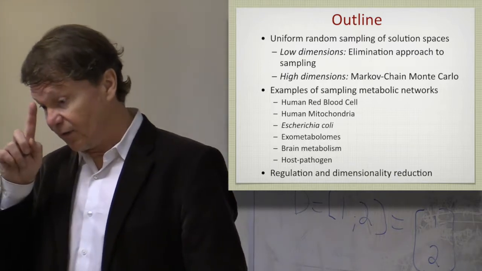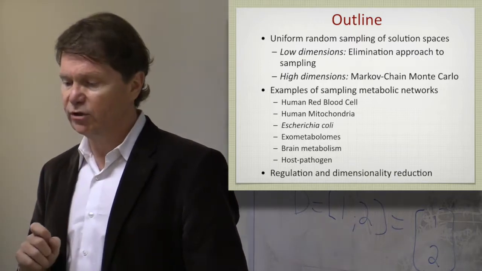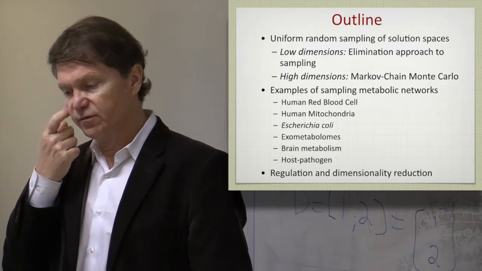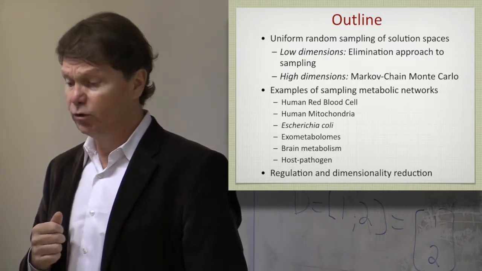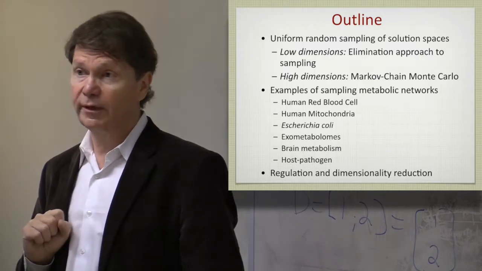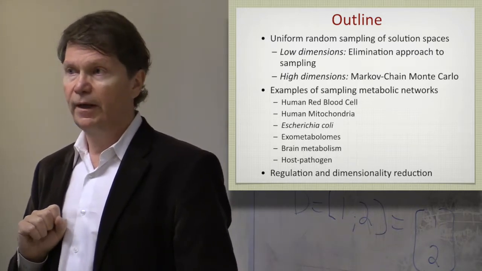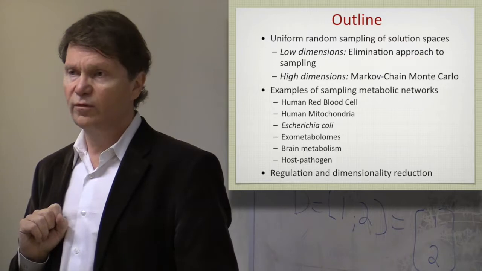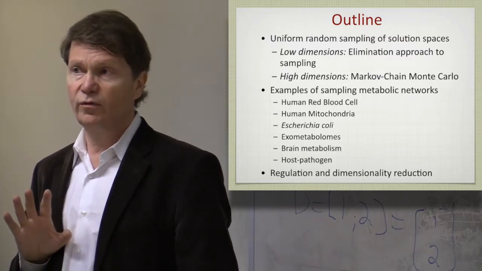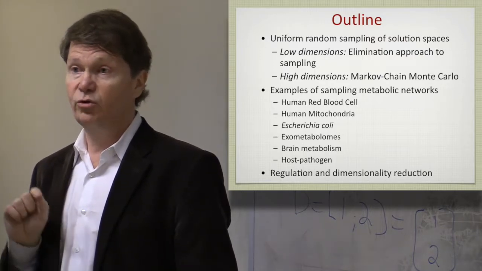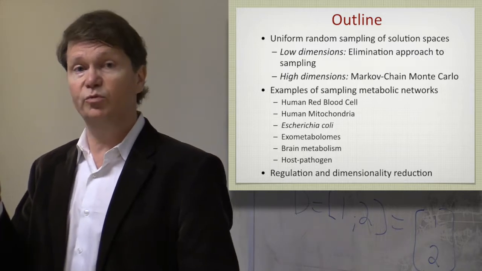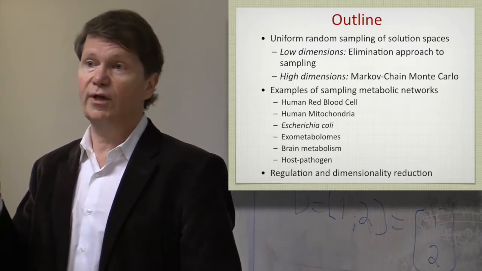And at the end, I want to talk a little bit about regulation, rotating basis vectors, and using sampling to determine the dimensionality of a regulatory problem. And it's a little bit of a different view of regulation. It's a network level view of regulation, namely how many things do you regulate to find a point in the solution space and drive the operation to that point.